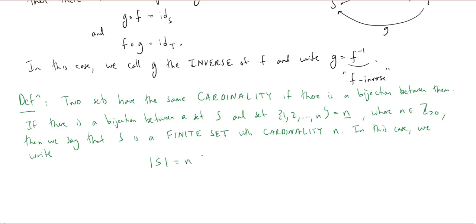So I'll write the absolute value of S equals n. Usually I would say that the cardinality of S is equal to n. Now, of course, it could be that you cannot find a bijection between your set S and any such finite set 1 through n, in which case we're going to call S an infinite set.